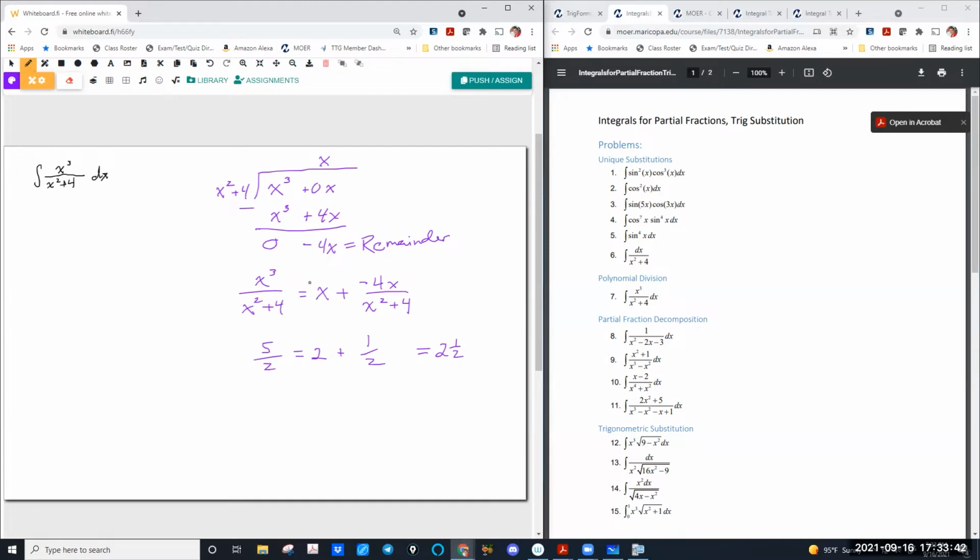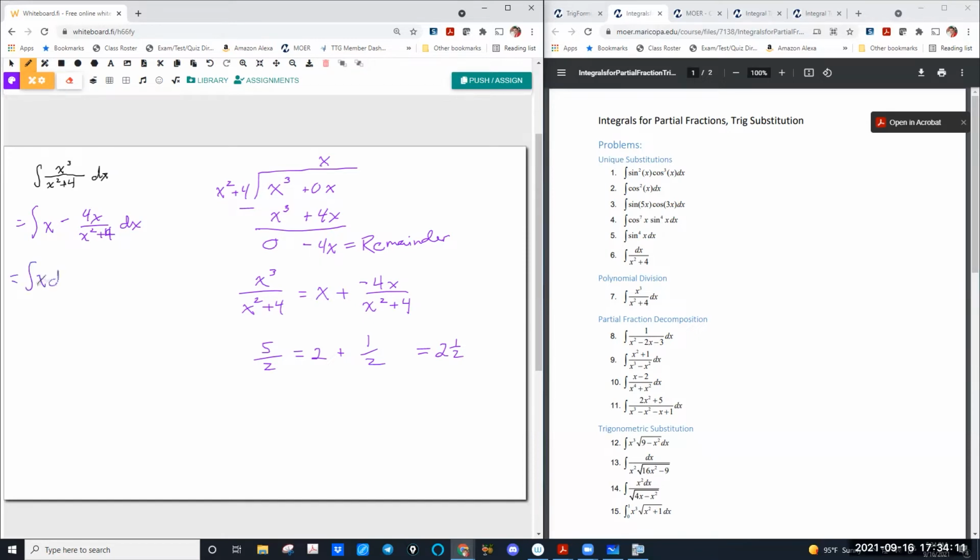So what this polynomial division does is now we go and rewrite our integral as x, and if you want, we can pull the minus out and write it as 4x over x squared plus 4 dx. We're going to do this integral piece by piece.